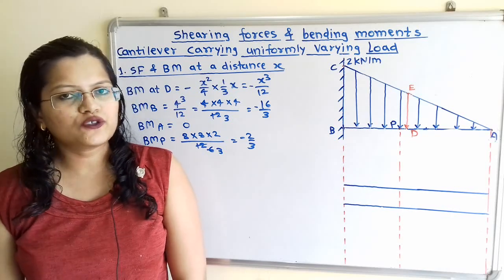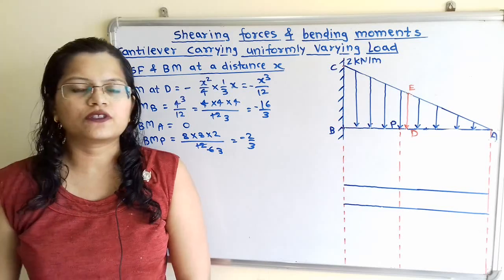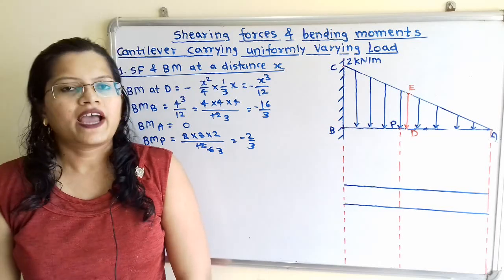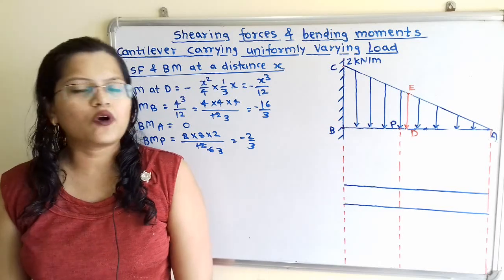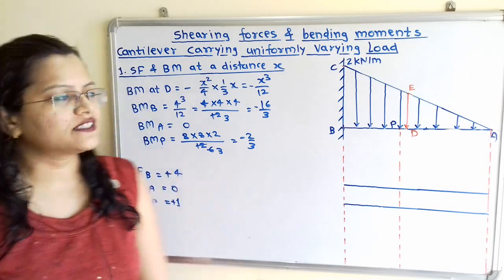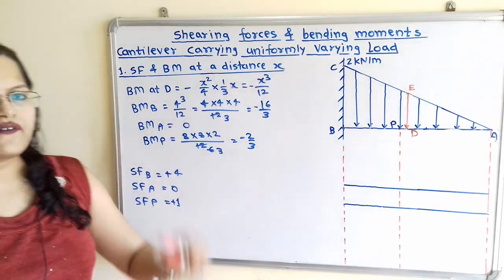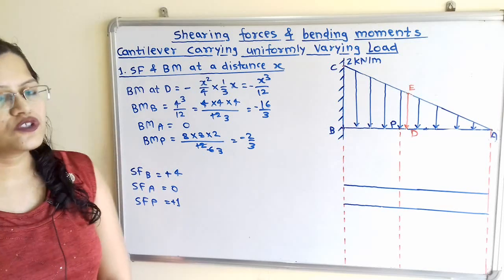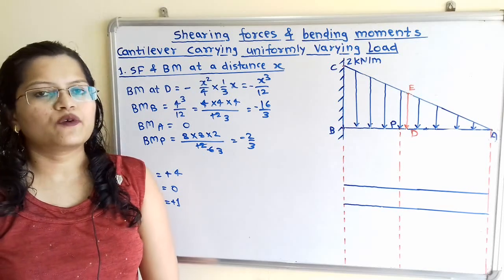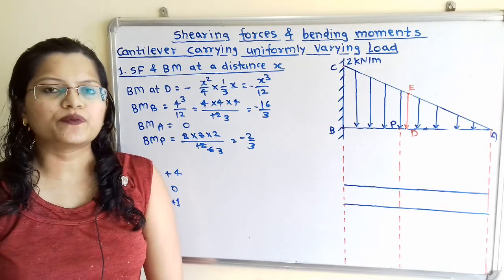So we have to show this shear force with a parabolic curve. And if we observe the bending moment at any distance x, it is in terms of x cube. That means to draw the bending moment diagram, we have to show it with a cubic curve.